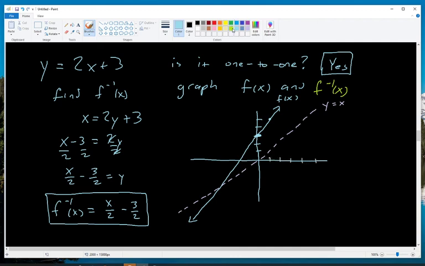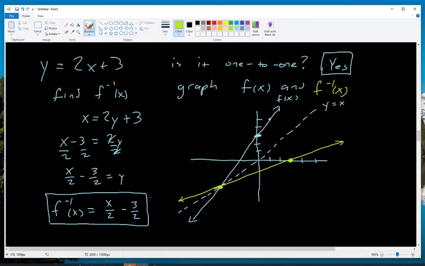So if the original graph has a y-intercept of 3, when you reflect it about the line, that becomes an x-intercept of 3. Any point where the original line crosses this dotted line, y equals x, the inverse will cross there as well. And this would be the graph of our inverse.